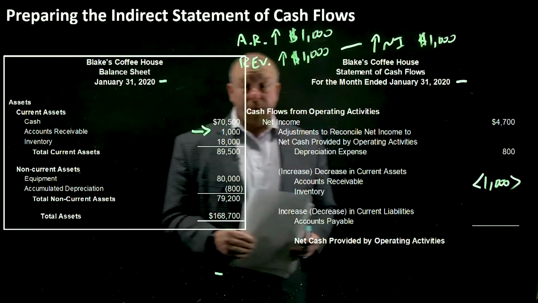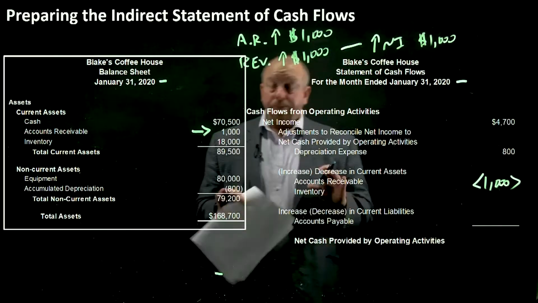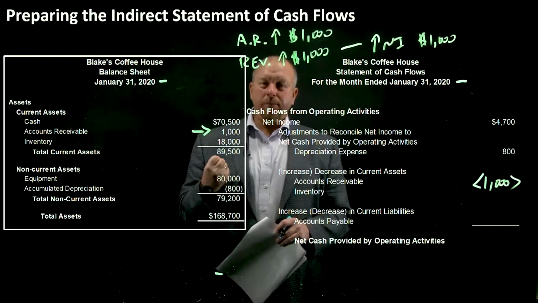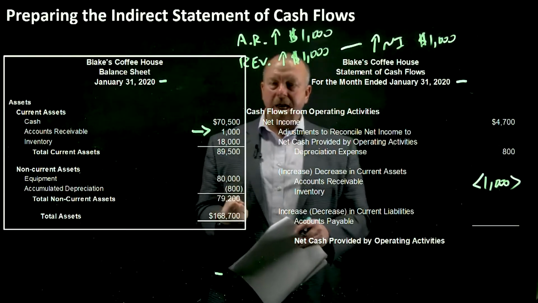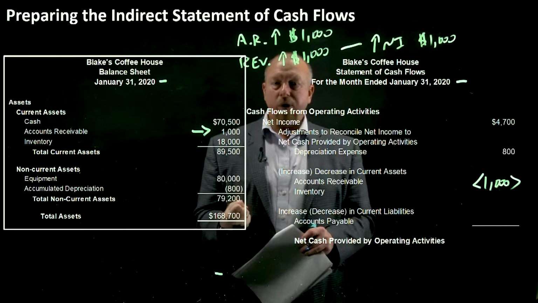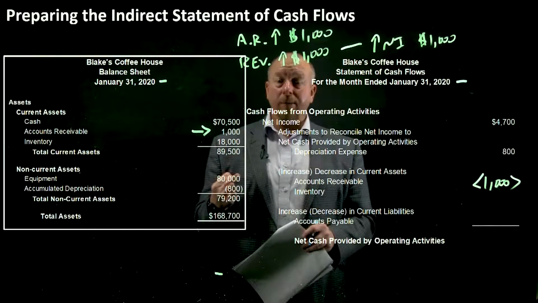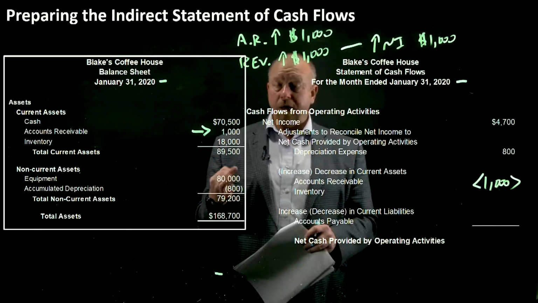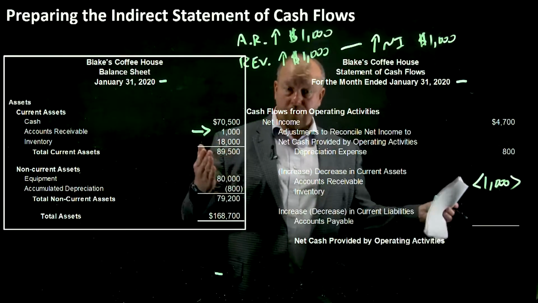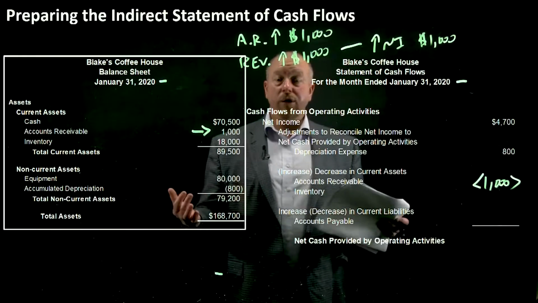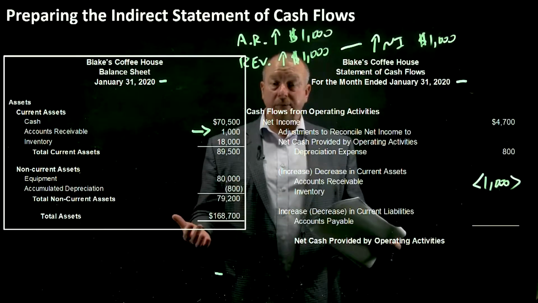Okay? Then we have to look at other current assets. Now, my recommendation is this. Memorize or be able to reason through, understand why it is that we subtract an increase in accounts receivable. Because if you can commit that to memory, or if you can at least develop a technique for reasoning your way through the rule for accounts receivable, you now know what to do for any other current asset, because they're all going to have the same behavior.